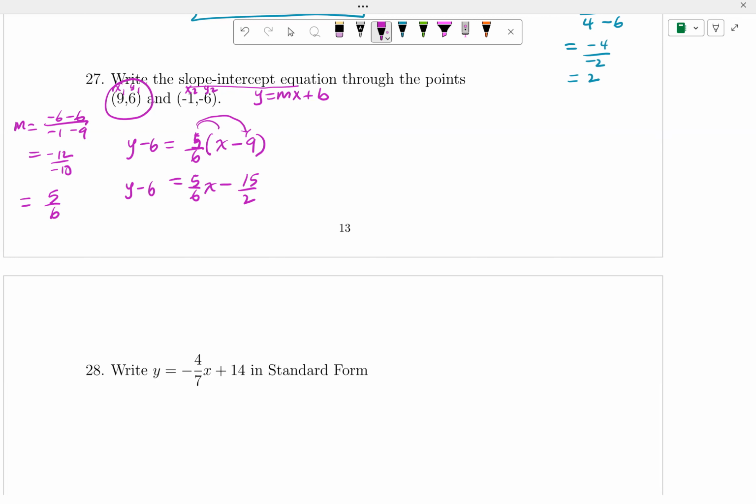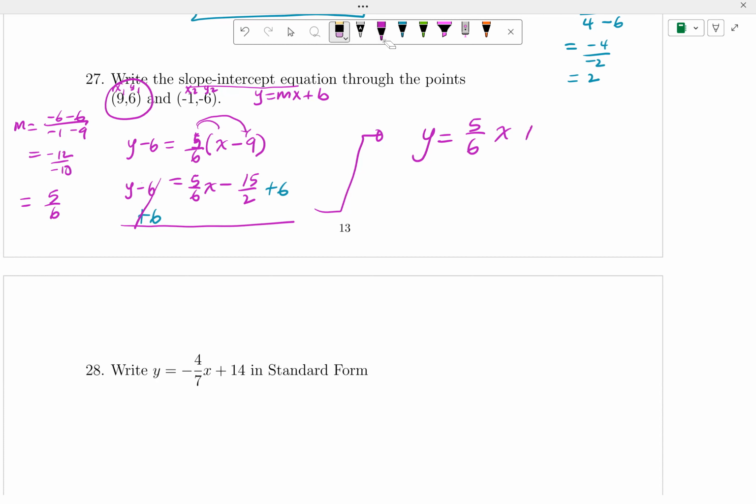So now we're getting close to changing this equation to y equals mx plus b. So we just need this 6 to be moved over to here, right? We have to get rid of it. So it'll be plus 6 and plus 6. Again, feel free to use your calculator for this. I'm going to move this over here. So we have y equals 5 over 6x, negative 15 over 2 plus 6.